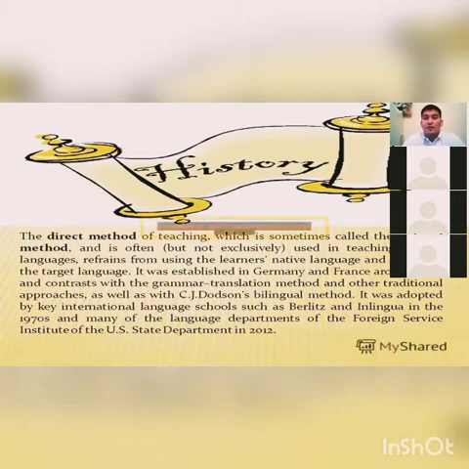And also it was used by key international language schools such as Berlitz and Inlingua, and many of the language departments of the Foreign Service Institute of the United States State Department in 2012.